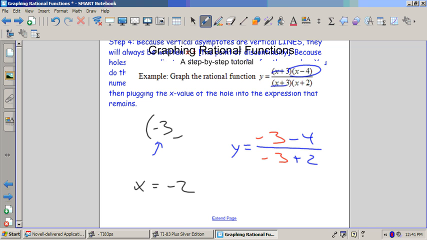That's going to be equal to negative 7 over negative 1, which is 7. So my hole is (negative 3, 7). My vertical asymptote is x equals negative 2. You could have numerous holes or no holes. You could have numerous vertical asymptotes, or no vertical asymptotes.